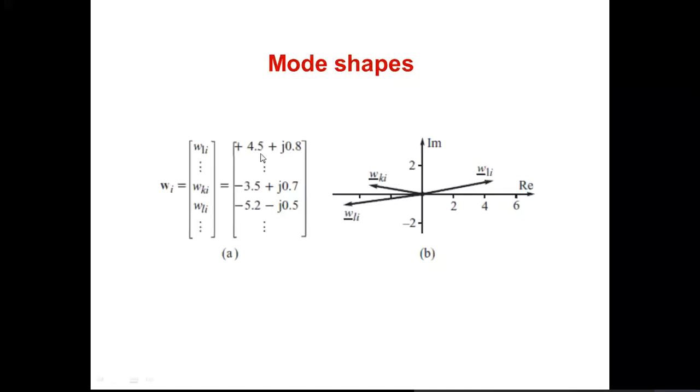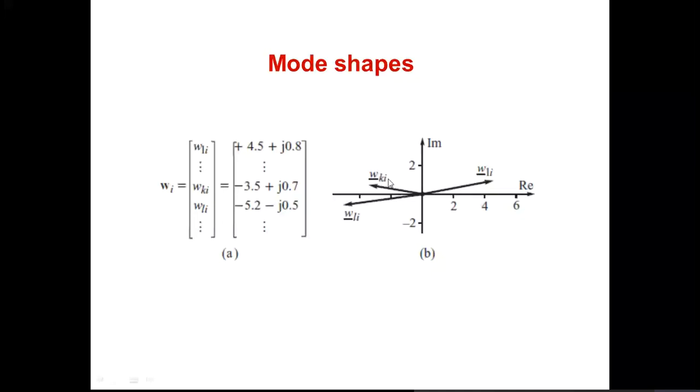These eigenvectors, depending upon the magnitude of the real part and the imaginary part, can be plotted on the s-plane, and thus they can be represented as vectors. That corresponds to the mode shape, and this will tell you how the generators will be oscillating with respect to each other.